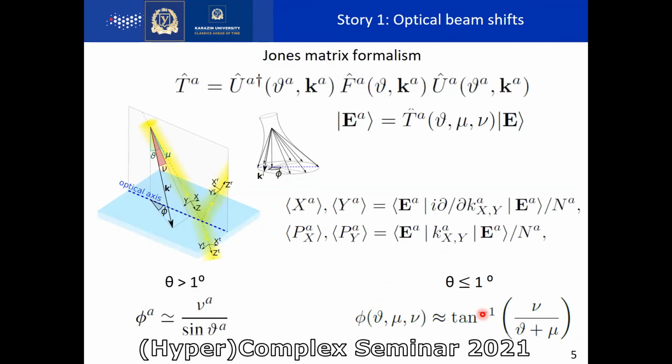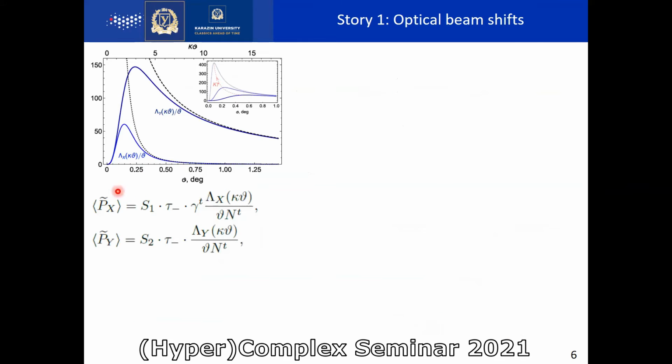And the Berry phase in this case is defined exactly following this formula. So both shifts will follow the same nature. We can see it here, for instance, the final formulas for the shifts are the following. This is the Stokes parameter, so this is polarization. Tau is some material parameters, and there is some angular dependence described by these functions, which are pretty much the same.